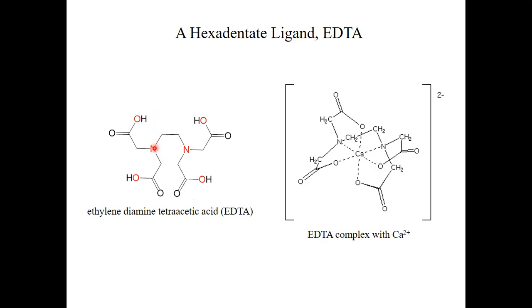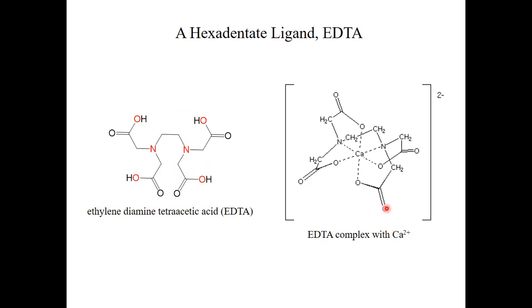And then you have 4 acetic acid units, 1, 2, 3, and 4 that are attached to the 2 nitrogens. So ethylene diamine tetraacetic acid acts as a ligand in its deprotonated form, in which these 4 protons are being lost, and that gives then a ligand with a 4 negative charge that can bind to all kinds of metals.